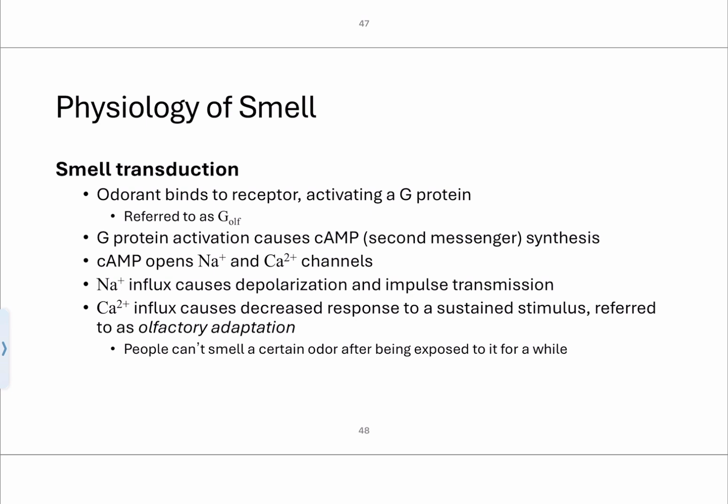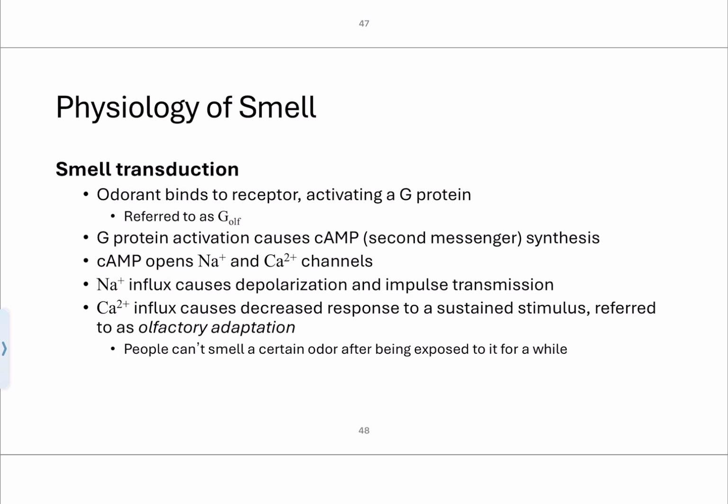So, transduction of odorants uses a receptor that's linked to a G protein. The events that follow odorant binding are pretty easy to remember if you compare them to what we've already talked about. So, if you already know the general mechanisms of receptors and G proteins, which we talked about both in the nervous system as well as in phototransduction with the eye.